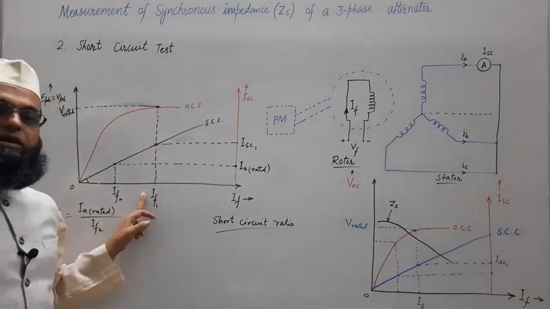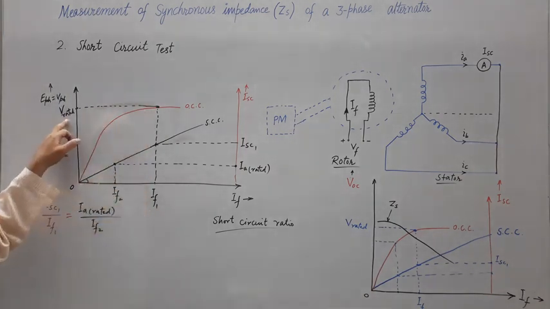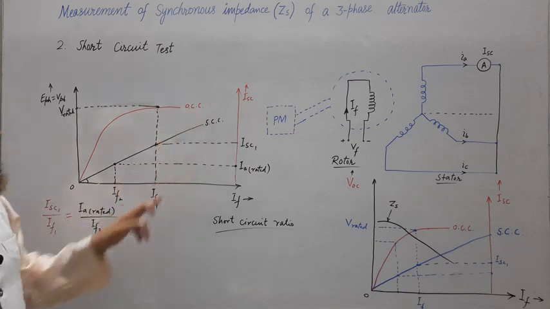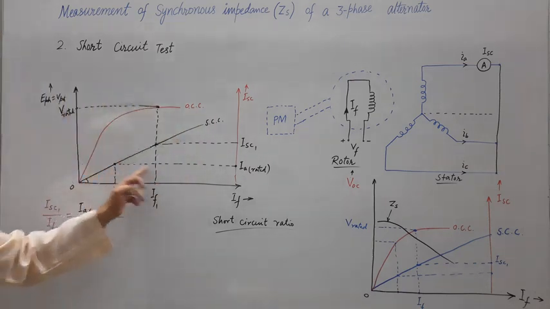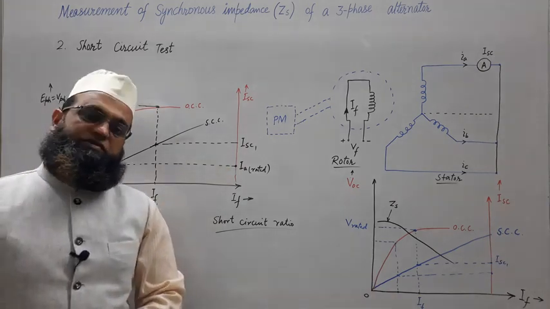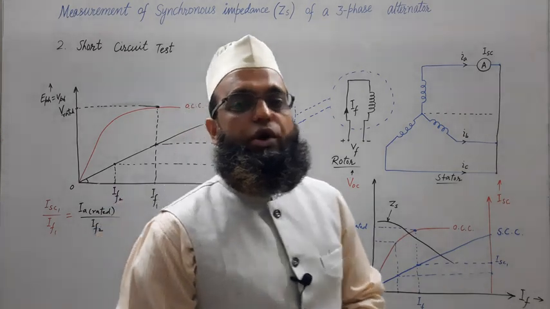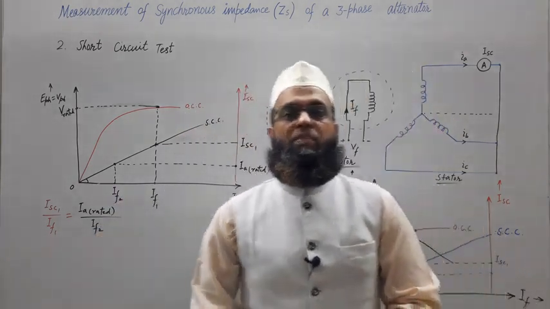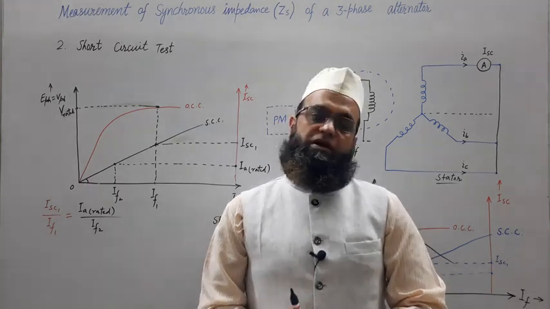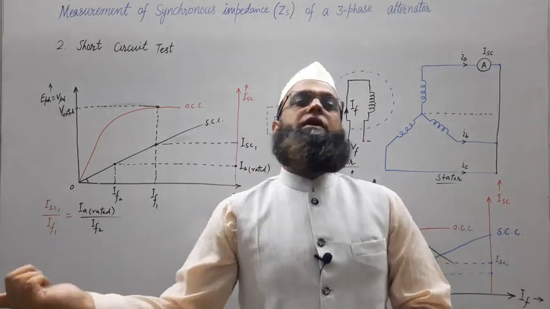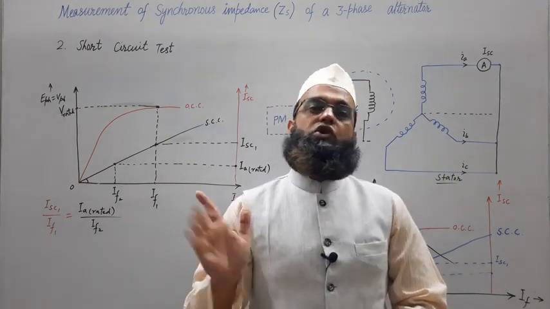IF1 is the field current which gives rated terminal voltage in open circuit test. And what is IF2? IF2 is the field current which gives rated armature current in short circuit test. So how do we define short circuit ratio? Short circuit ratio is the ratio of the field current which gives rated terminal voltage in open circuit test to the field current which gives rated armature current in short circuit test.